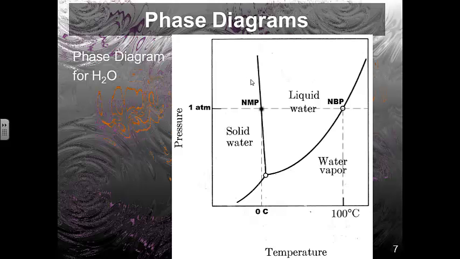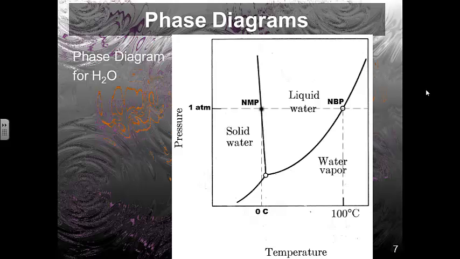Most substances have a positive slope, tilted the other direction for the solid-liquid line. The reason water's is tilted backwards has to do with the fact that solid water, ice, is less dense than liquid water. That's why ice floats.